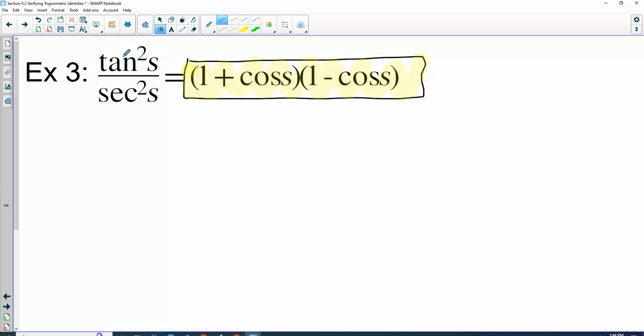If we change to sines and cosines, what is tangent? Sine over cosine. Sine squared S over cosine squared S, divided by, what is secant? 1 over cosine.